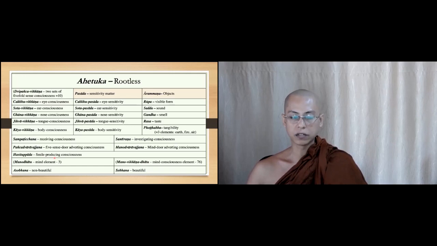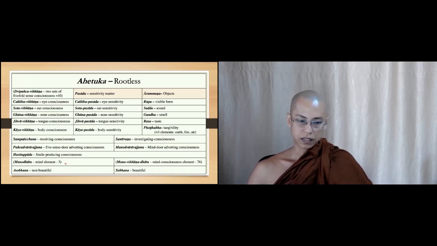But this is related only to the arahat, not to us. Then mano dhatu, mind element, and mano vinnana dhatu, mind consciousness element. You will understand why we need the number, but no problem in this case. This usage usually appears in the Patthana, mano dhatu and mano vinnana dhatu.